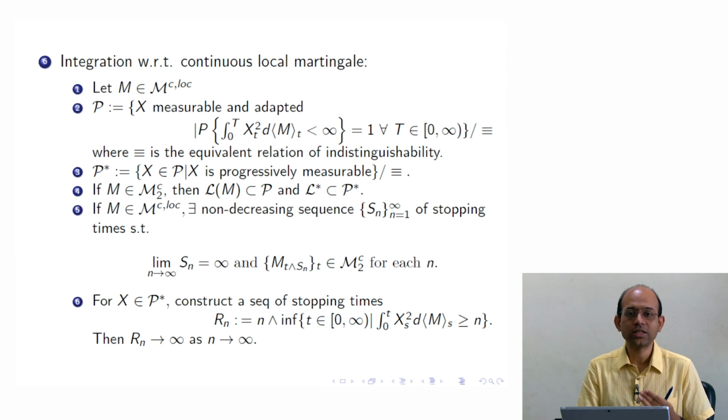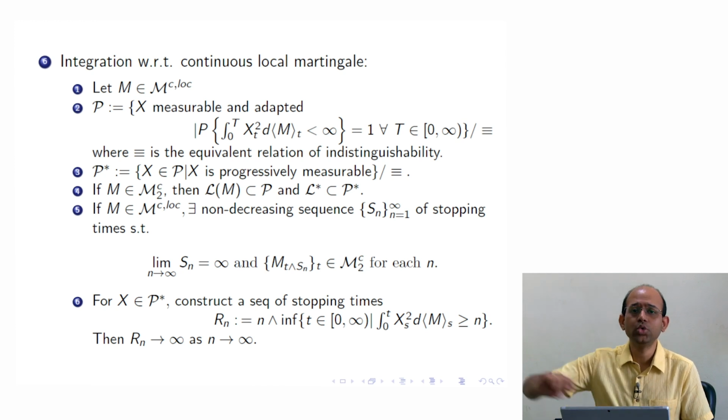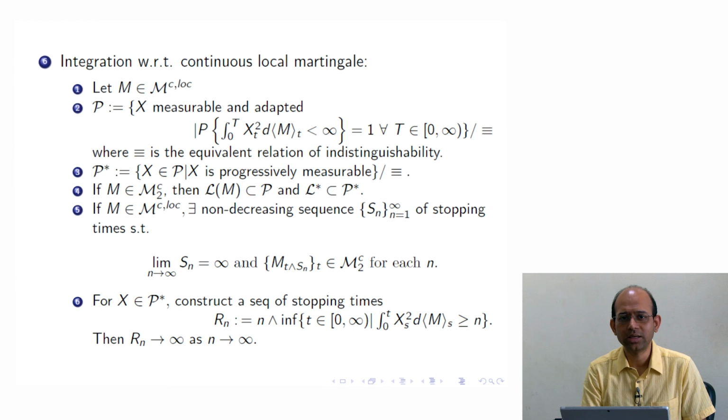Now if it crosses a large number n, we check at which time it crosses that n, and that time I record as R_n. However, if this time is too large, we might run into some technical problem, so we are taking the minimum with n also. If this integration becomes larger than n before time t equals n, then that time would be R_n. If it takes longer than n, then I take n.